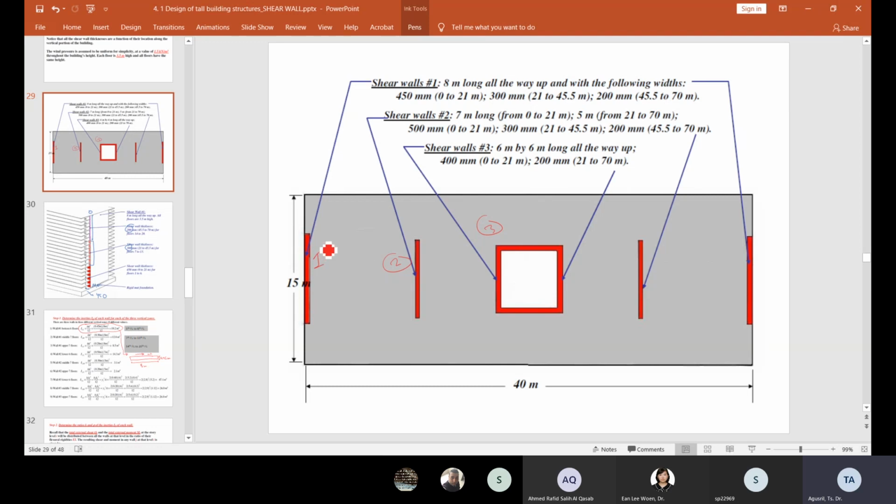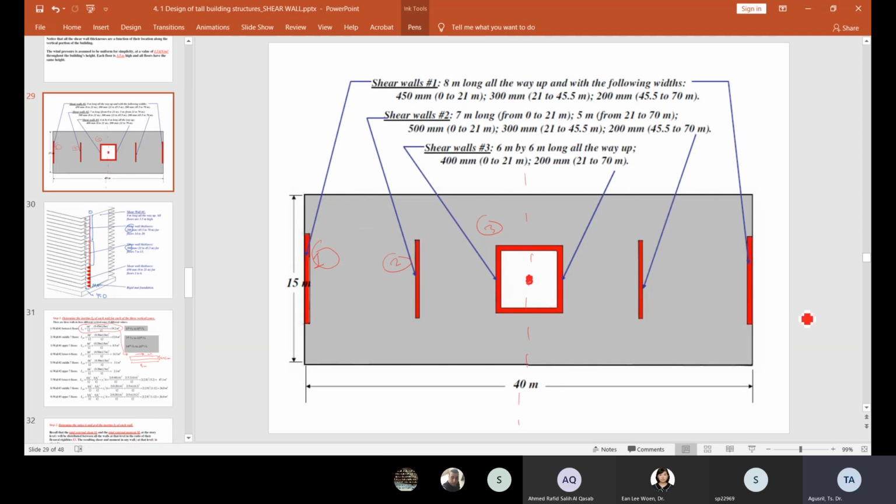Later in the analysis we need to divide this building into 2 sections, in symmetry. When we analyze this building, because of the symmetry, we assume the center of gravity is at the middle of the building, at the middle of wall number 3.